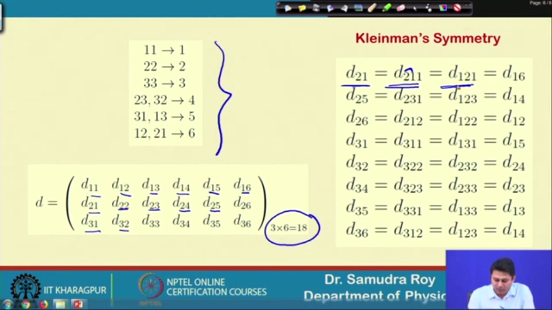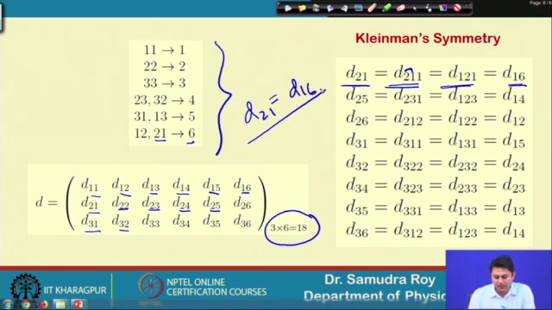But if I look at D121, it is a different coefficient in terms of this index contraction. D121 should eventually be D16, because we know that 21 is 6. So, one very important thing that I figured out is that the D21 coefficient and the D16 coefficient are the same.